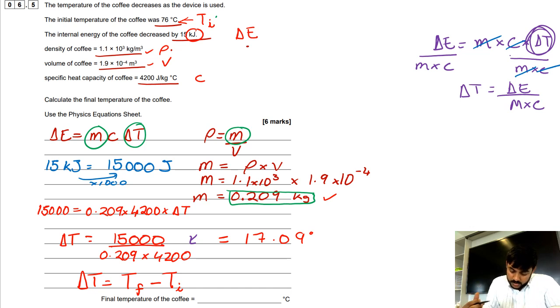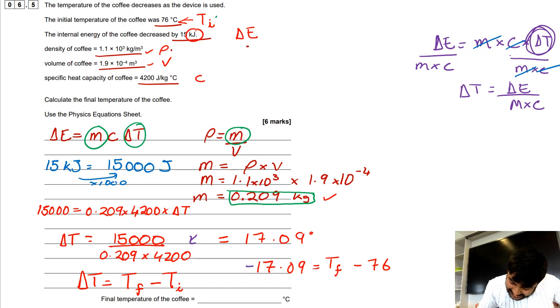So, here's where I'm going to have to go back and correct myself, but you'll see what I'm going to do in a minute. 17.09 is equal to final minus 76. The problem here is the change in temperature isn't 17.09.